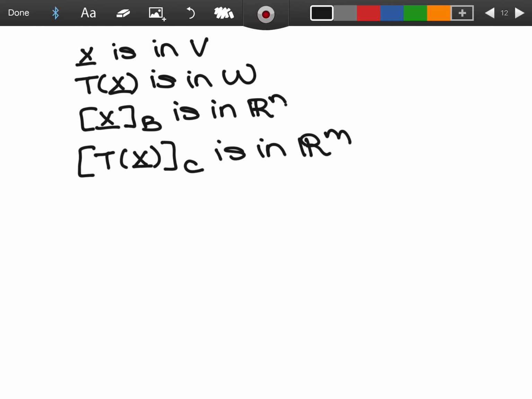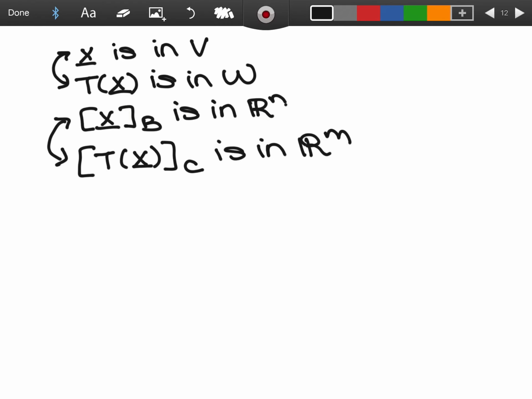Now what I want to do is to find a relationship between these two vectors. We already have a relationship between these two vectors. If you're in terms of a standard basis, you can always find that standard matrix A that will take you from one vector space to another, and it will represent that linear transformation.